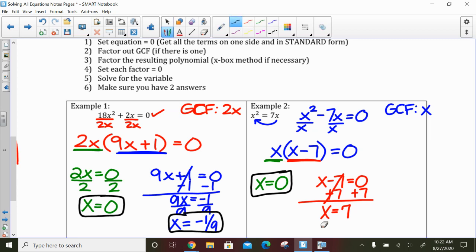What you're actually doing when you are solving quadratic equations is trying to figure out where the graph of the function is crossing the x-axis. So I'm going to pull up the graphing calculator and show you example 2 and how you can see that the two solutions are 0 and 7 because of where they cross the x-axis.